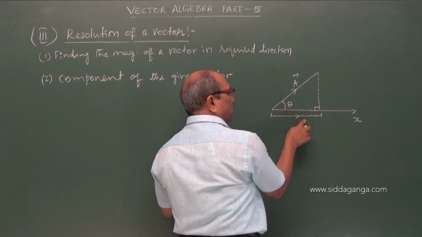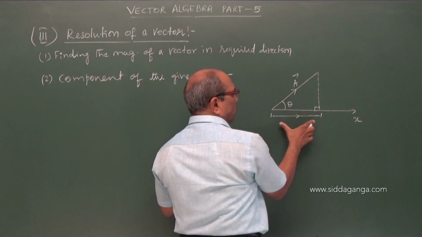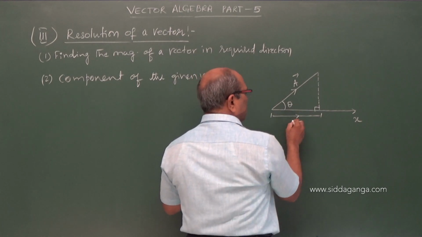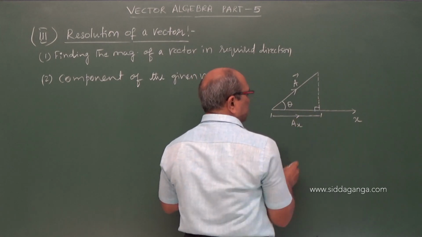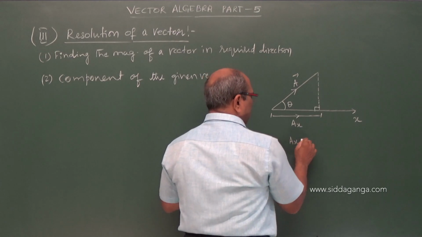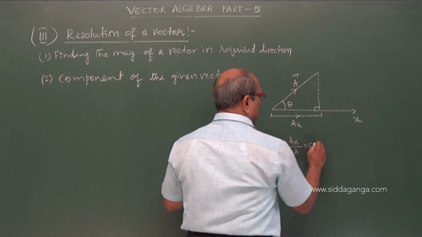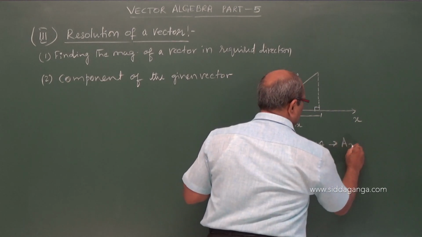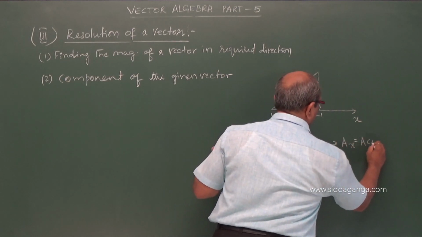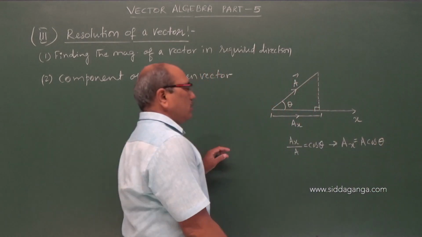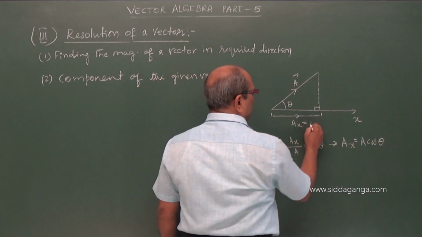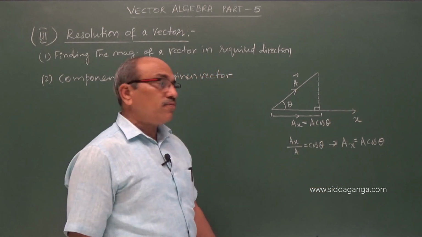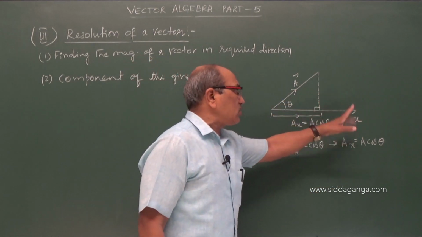Adjacent side by hypotenuse is cos theta. So if I call it AX, you can write AX by A is cos theta, or AX is equal to A cos theta. This A cos theta is the component of A along x direction.